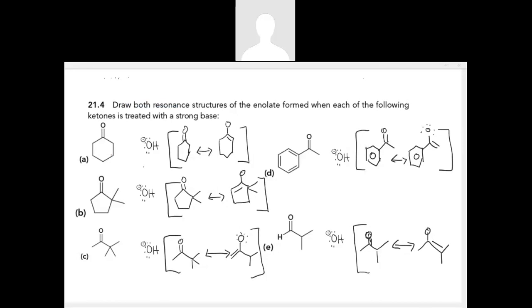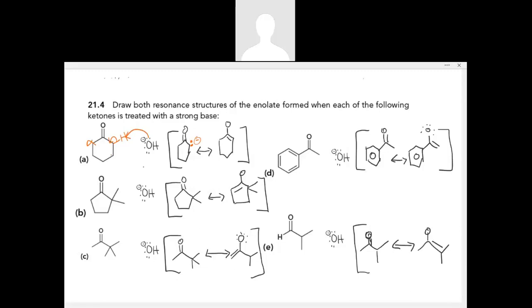So our first ketone here in A, if we were to deprotonate this, we could grab either side here at the alpha positions. We could grab a proton. I'll show you what that will look like here using our sodium hydroxide base. What happens initially is that lone pair gets deposited here on this carbon and would generate a negative charge there.